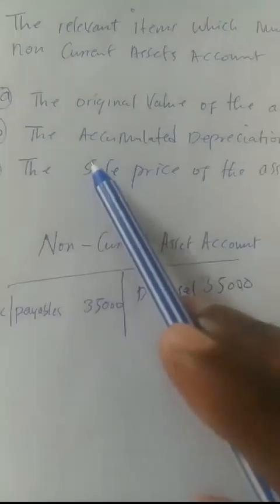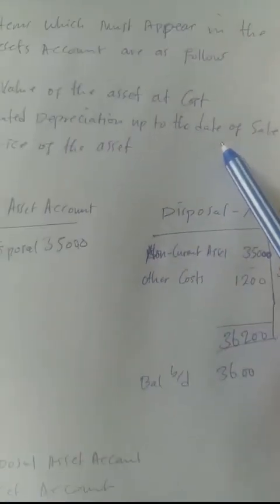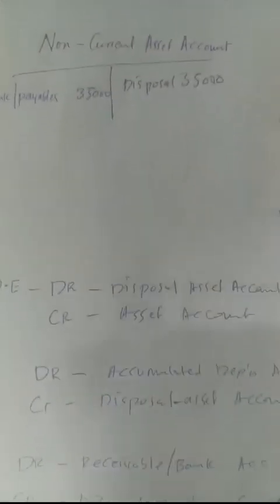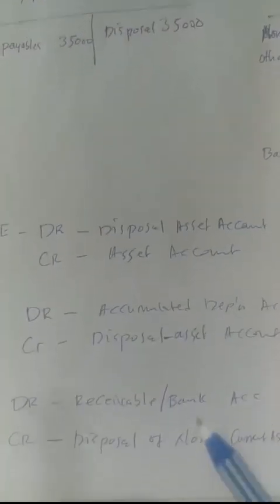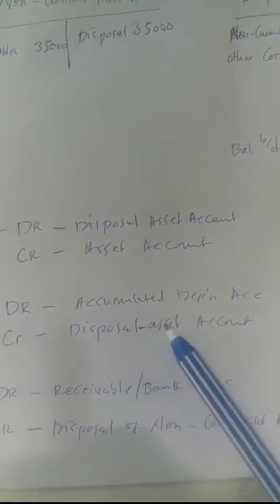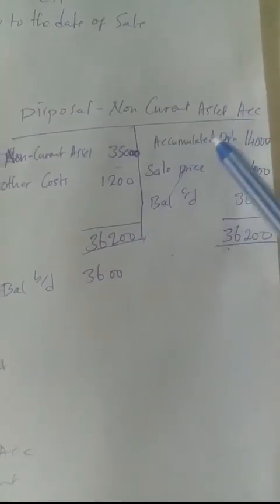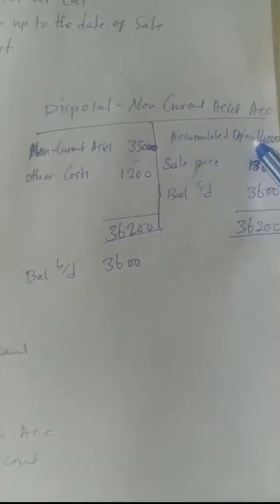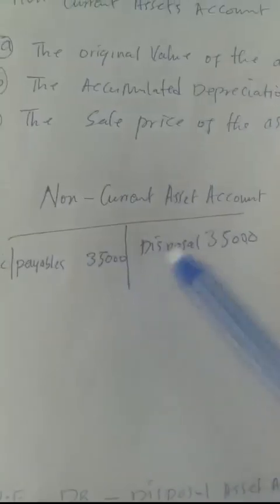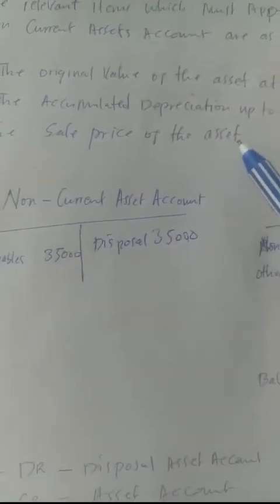That's for item A. For item B, the accumulated depreciation up to the date of sale, you debit the accumulated depreciation account and then credit the disposal of non-current asset account. That's what is happening here in the disposal account: accumulated depreciation has been credited. The other item, number 3, is the sale price of the asset.